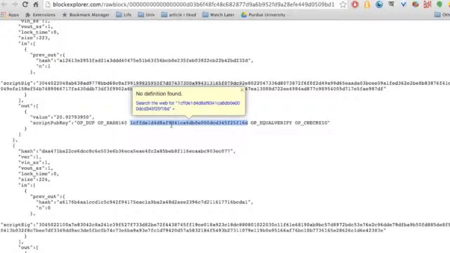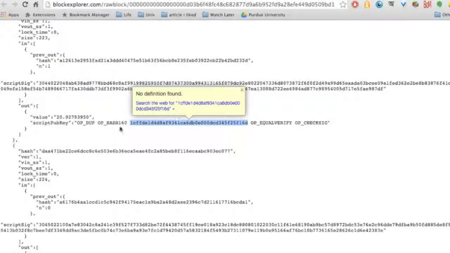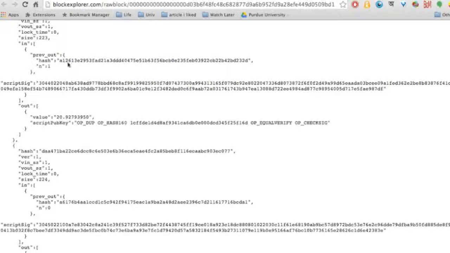For example, you can just send yourself some Bitcoin. So as you can see, this Bitcoin address is going to have this much Bitcoin from the address of the previous transaction, which is identified by this transaction hash ID.